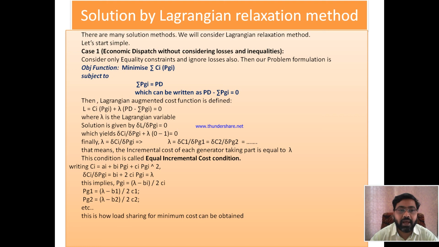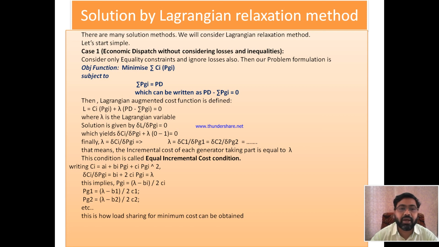So here lambda is the new element. Lambda is called the Lagrangian variable. It is required here because Ci and PD minus summation PGi have different units. The unit of Ci is rupees per hour, and the units for PD and PGi are megawatts. So here you are bringing in lambda, whose unit is rupees per megawatt hour.